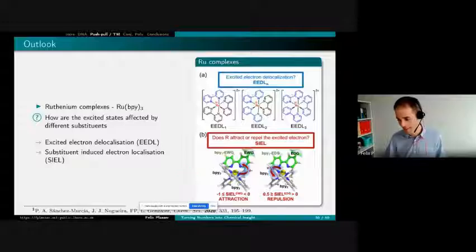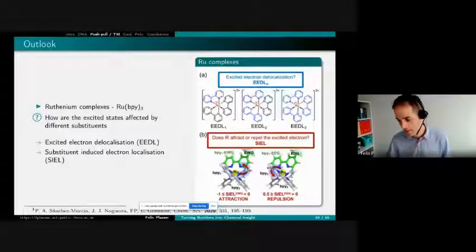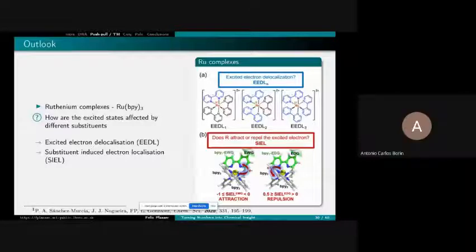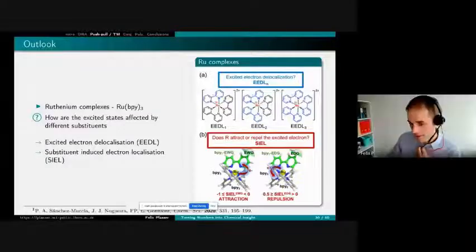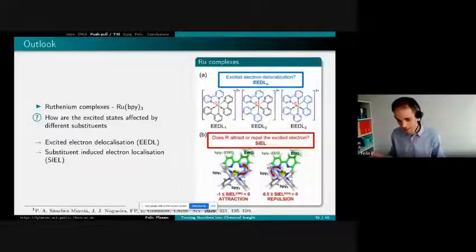Can you do the analysis only for the ground state, for instance? I mean, actually, TheoDORE, this whole idea only works for excited states.